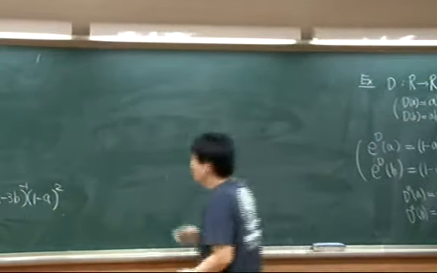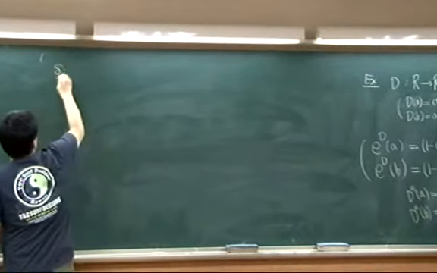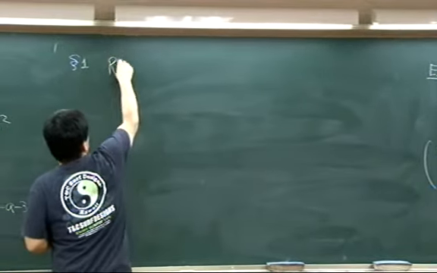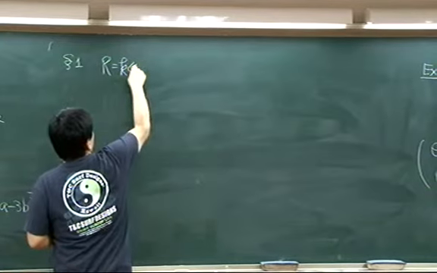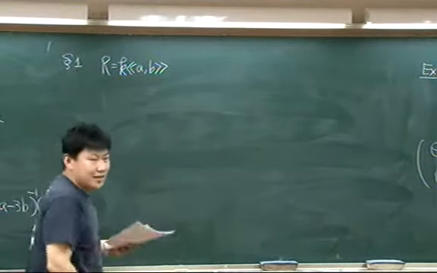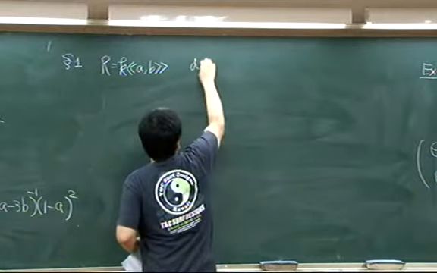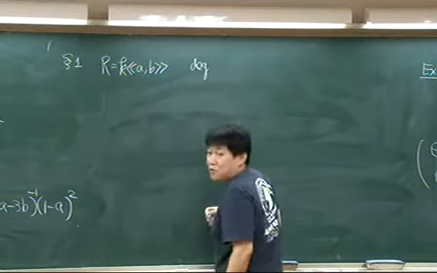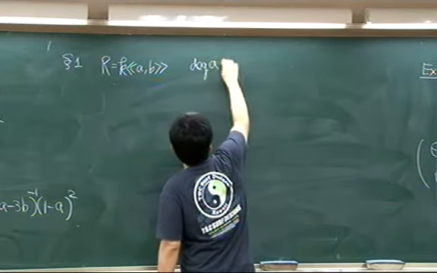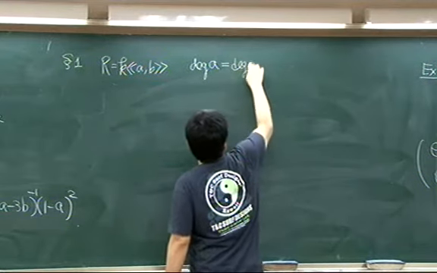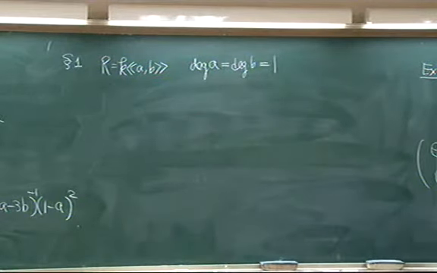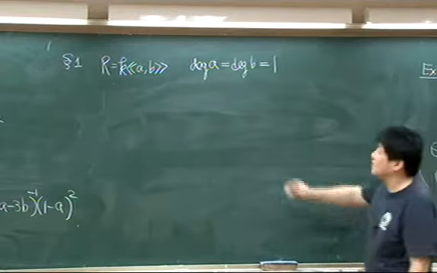Okay, this is the introduction. Okay, section 1. Let me recall that R is the algebra of formal power series in 2 variables. And this ring has a natural topology by using a degree. The degree of a generator is 1.